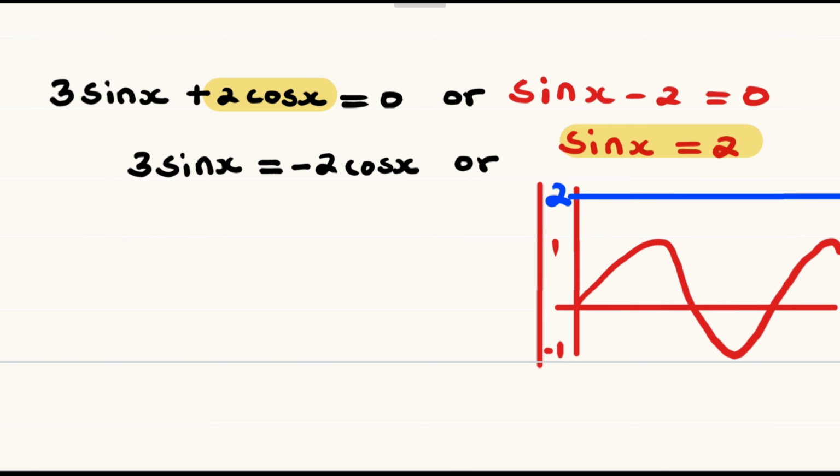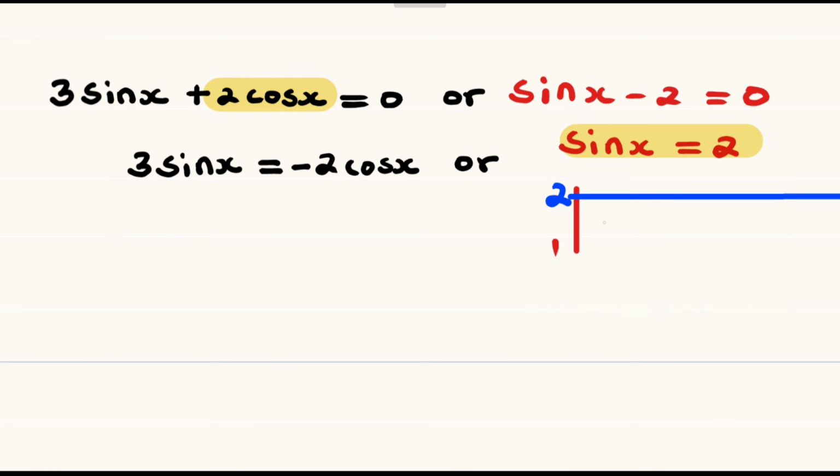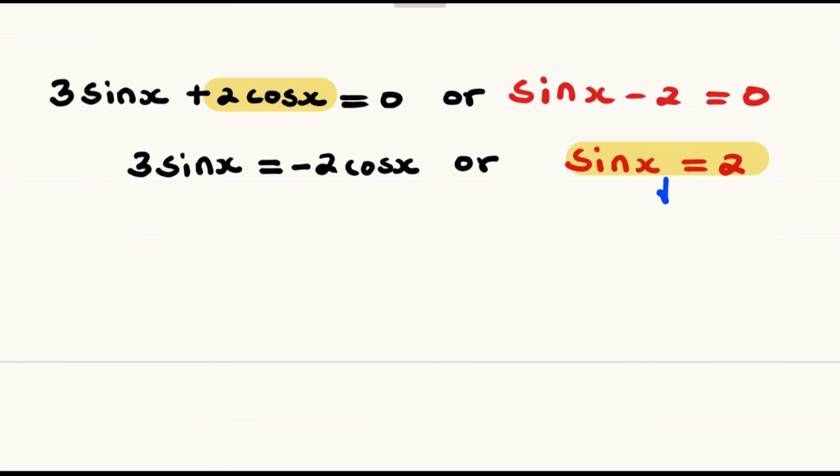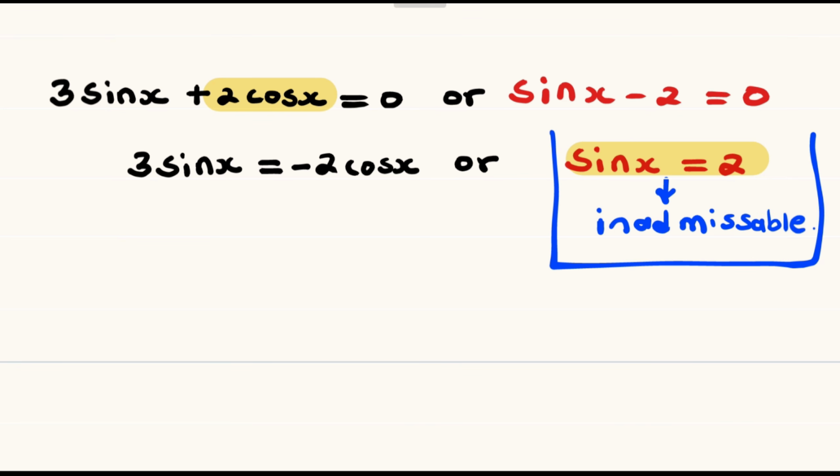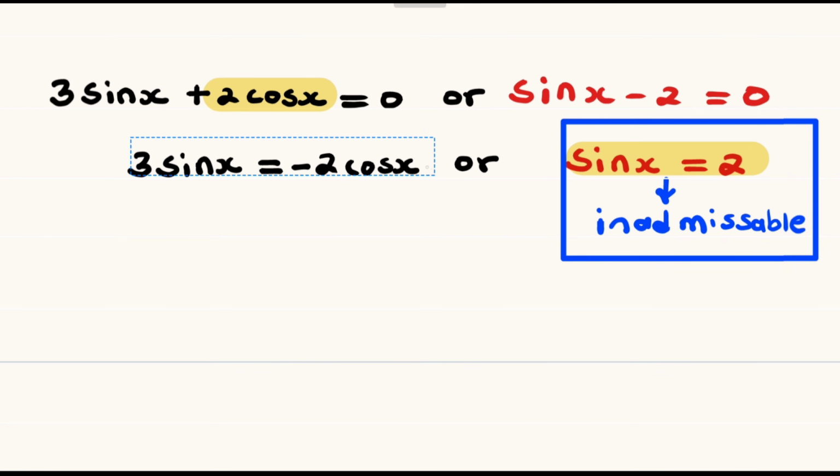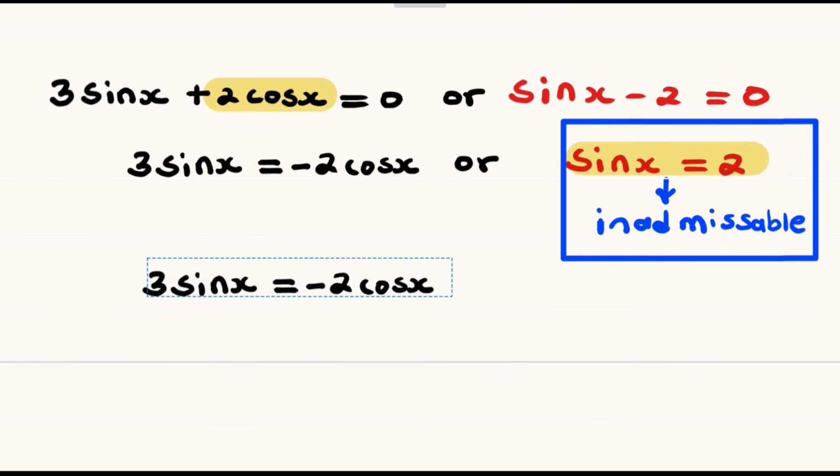So this solution will not be accepted. The solution that sin x is equals to 2 is inadmissible since sin x is between negative 1 and positive 1, and it never gets to 2. So we are left with this solution.